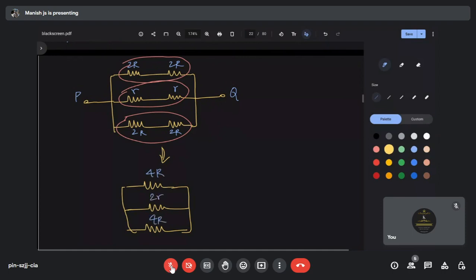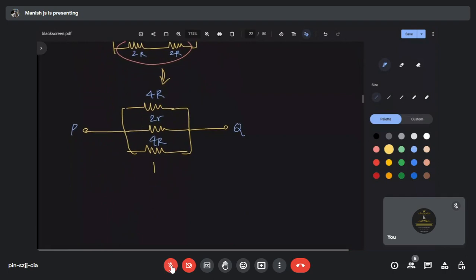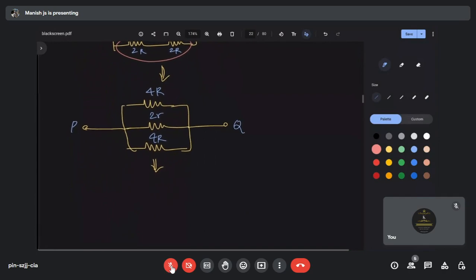Yes. So how next? What combination are they in? 4R, 2R, and 4R. In which combination are all three? Yes, parallel, sir. Very good. Parallel, what do you do?